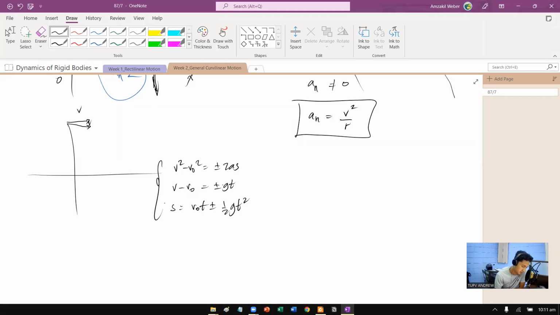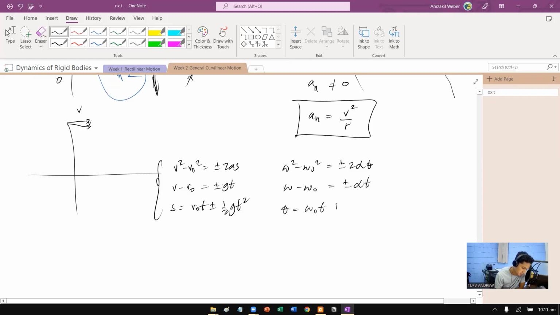These can also be applied to circular motion, in angular form: omega squared equals omega0 squared plus or minus 2 alpha theta, omega equals omega0 plus or minus alpha t, and theta equals omega0 t plus or minus one half alpha t squared, if the type of motion is given in angular.